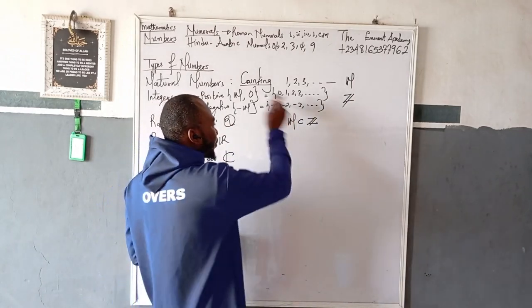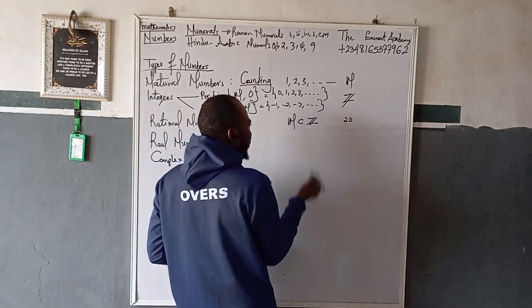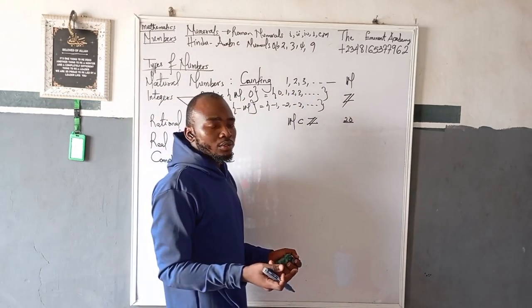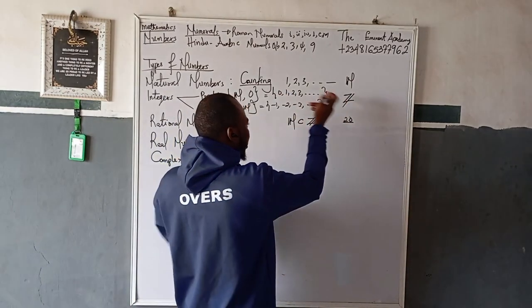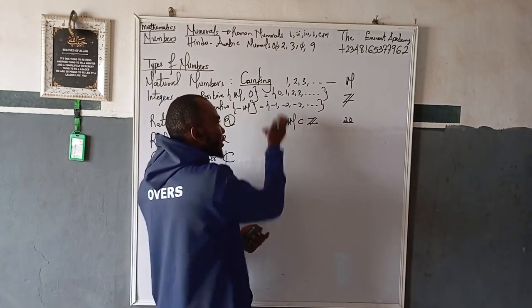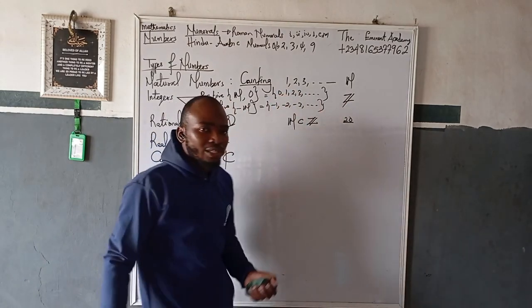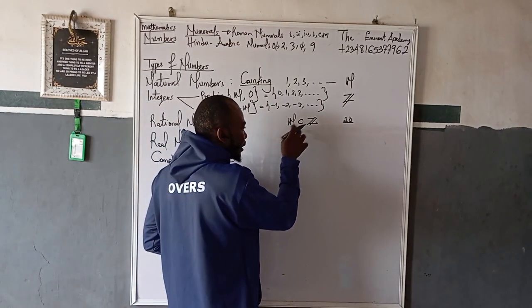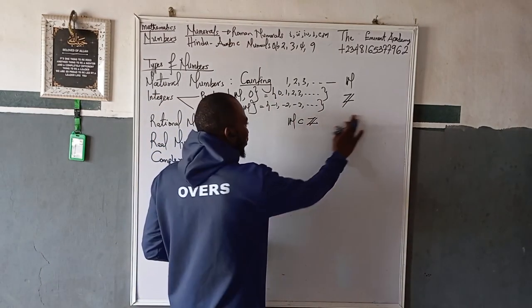For example, pick any natural number, let me pick 20. I can say 20 is a positive integer. But I can pick some integers that are not natural numbers, for example 0 and all the negative numbers. So I can then say natural number is a subset of integer.